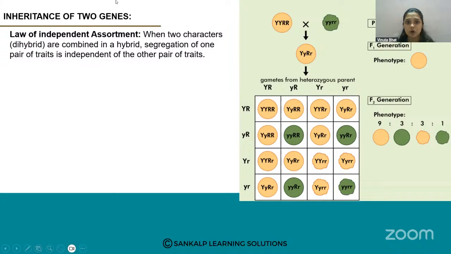It is also called dihybrid cross. Inheritance of 2 genes, also called dihybrid cross and law of independent assortment. So we can explain the law of independent assortment using this dihybrid cross. What is the law of independent assortment?